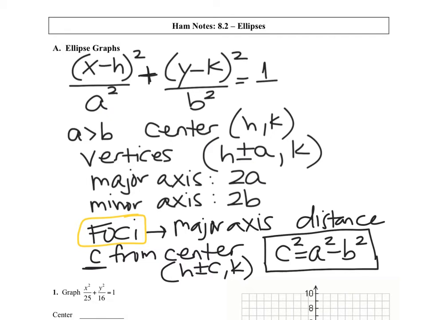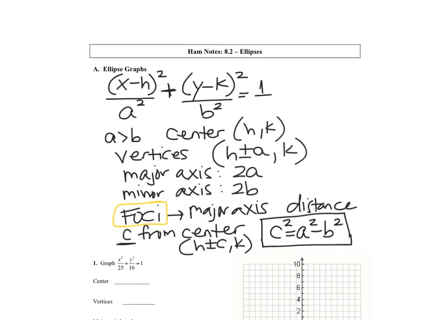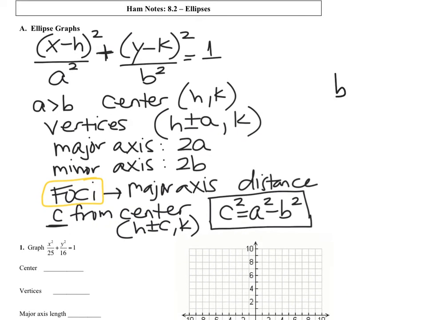Okay, so here we go. By the way, one last thing. If b is bigger than a, then your ellipse is going to be longer going up and down. So things will change a little bit. c squared will equal b squared minus a squared. It's always the bigger number minus the smaller number.